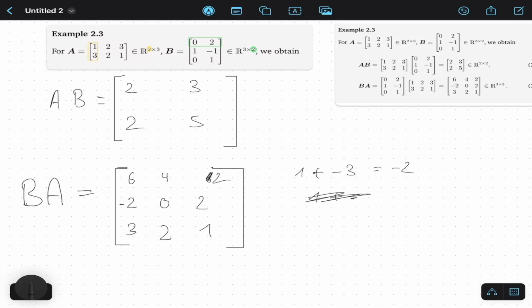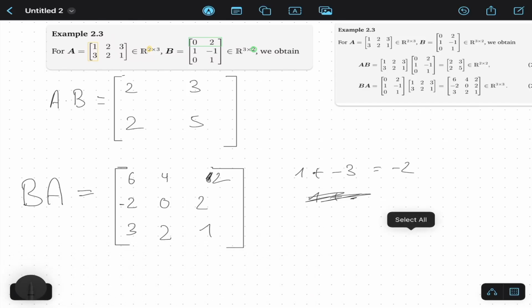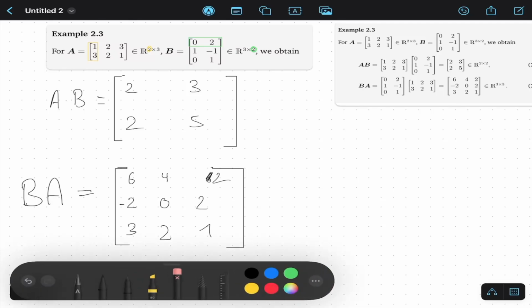Wait, what am I doing? To calculate this one, we have to move here and that one here. Yes, that's correct. So it should be 2 minus 2. It's 0. That's right. And the last one is 3 plus minus 1 should be 2. That's correct as well.